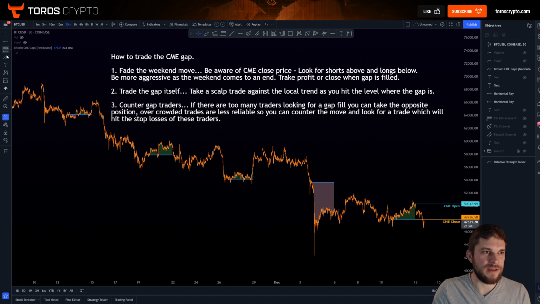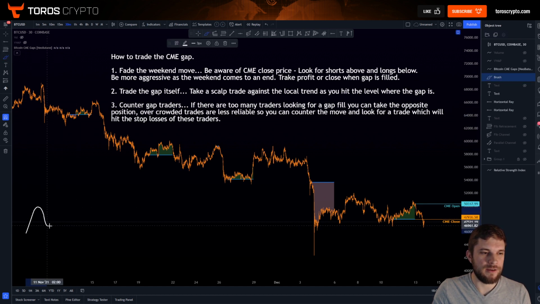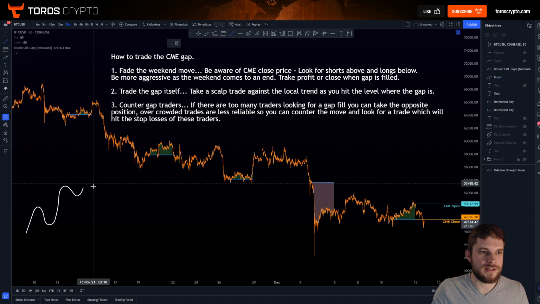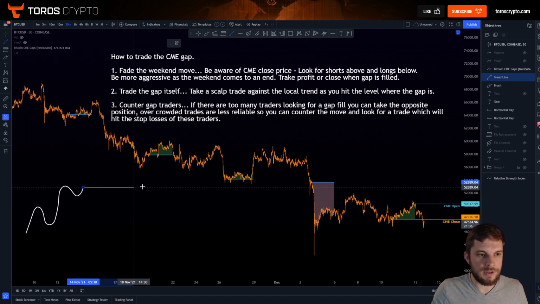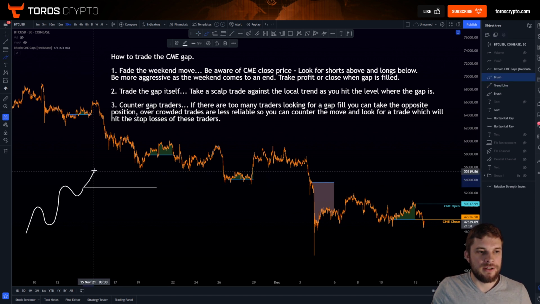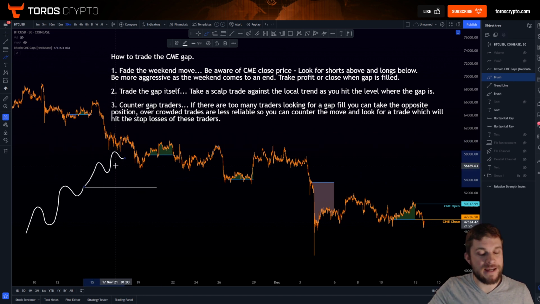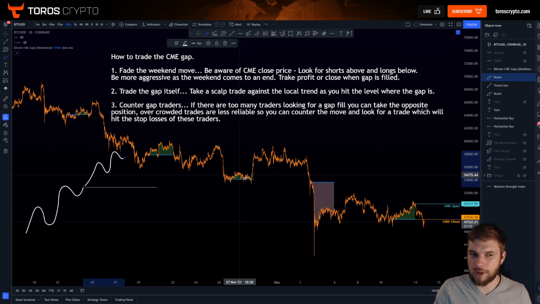So let's say price is coming along here, and then your CME closes at this point. As the weekend goes on, you can see CME is closed but price continues up. You should be looking for short positions with the expectancy that this is going to act as a magnet later on within the weekend or on the Monday.